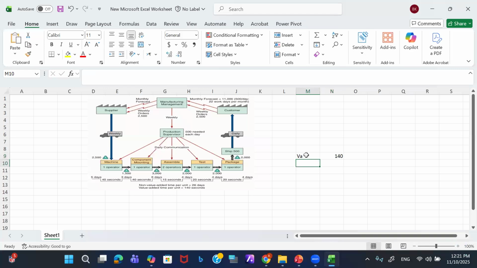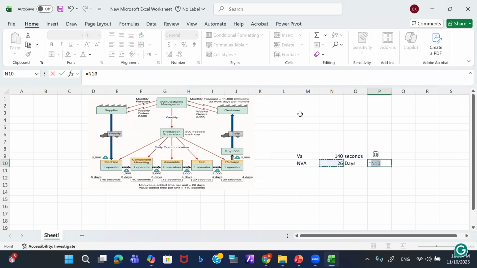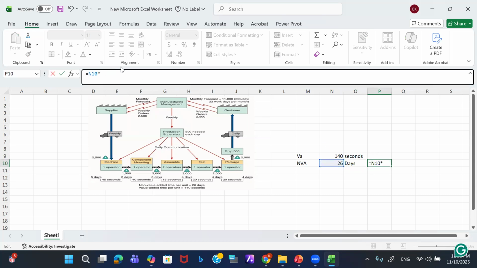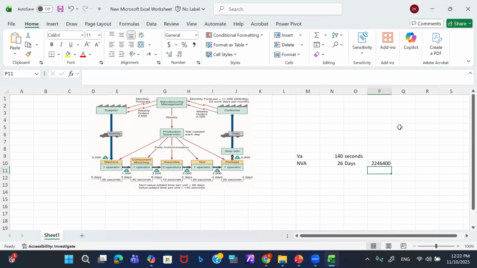Of course, it's in seconds. I put seconds here to make sure. The non-value added time is 26 days. This is in days. I need to convert this to seconds: multiply it by 24 hours, then convert it to minutes, then convert it to seconds, right?